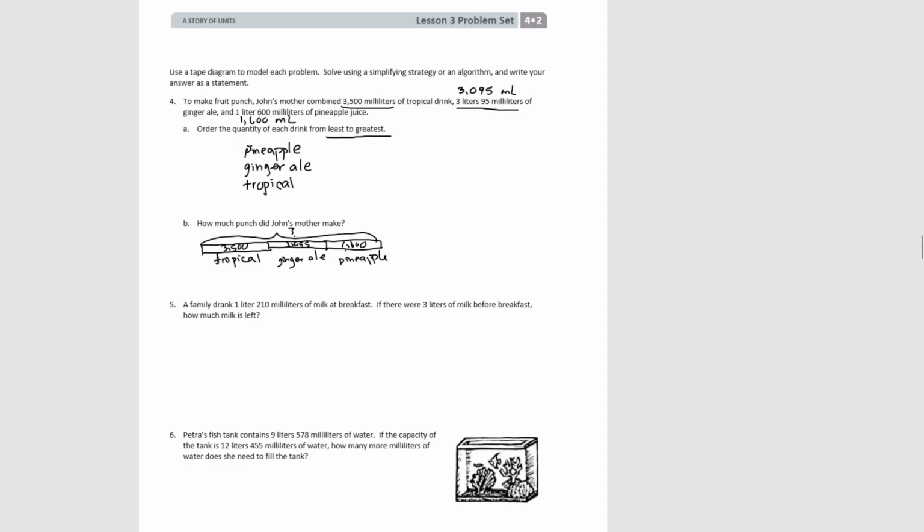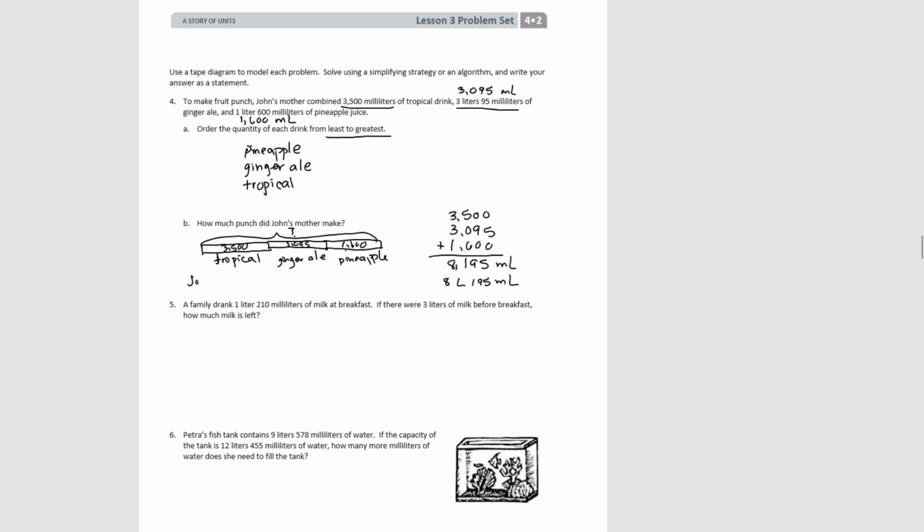So we're looking for a total. So that tells us we need to add. We're going to add 3,500 with 3,095 with 1,600. And our solution would be 8,195 milliliters, or 8 liters, 195 milliliters.